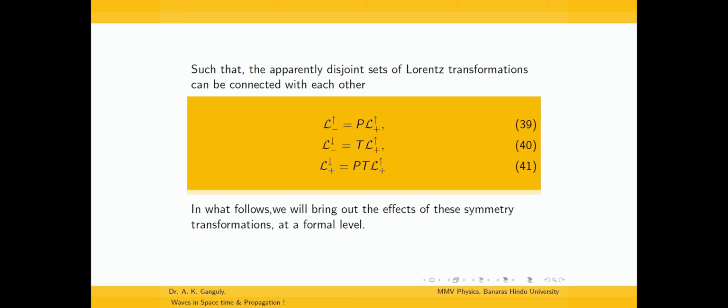So, so far what we had done was start with the Lorentz transformation matrix, and assuming that the parameter that brings in this transformation can be varied continuously, then we have the rotational matrix corresponding to rotation and boost.